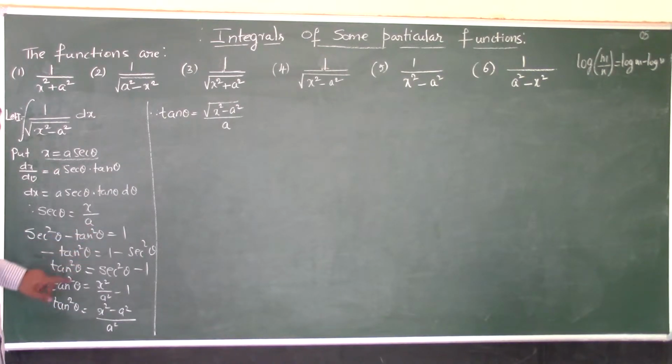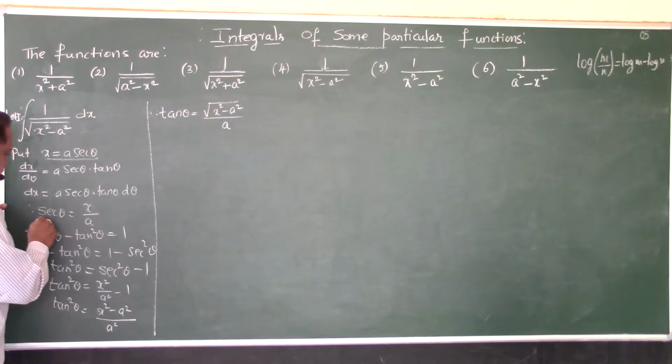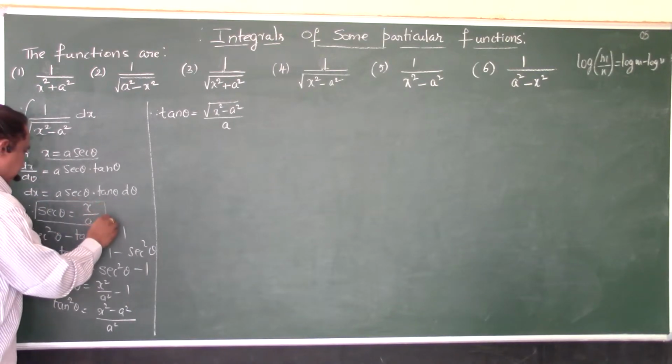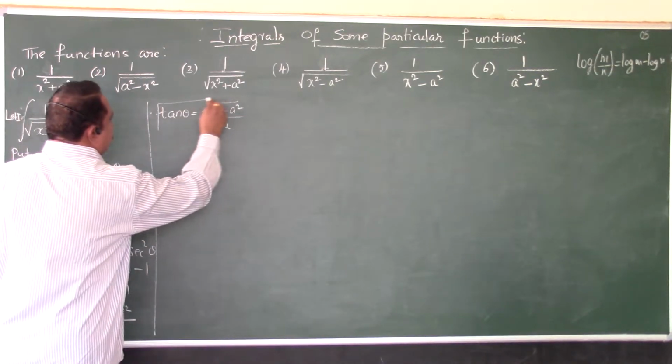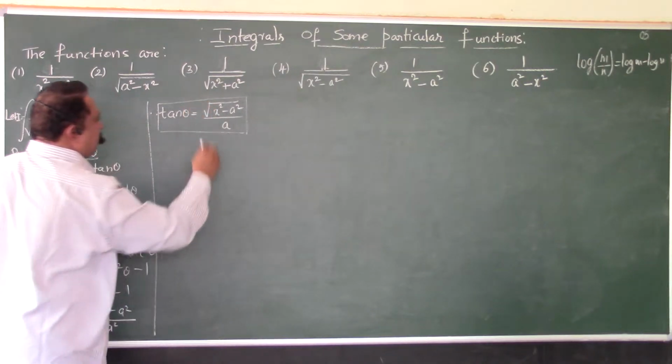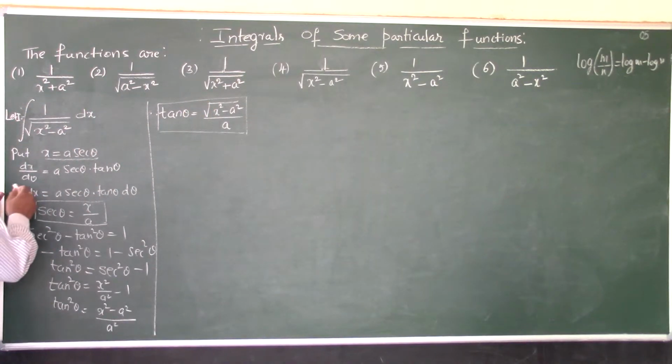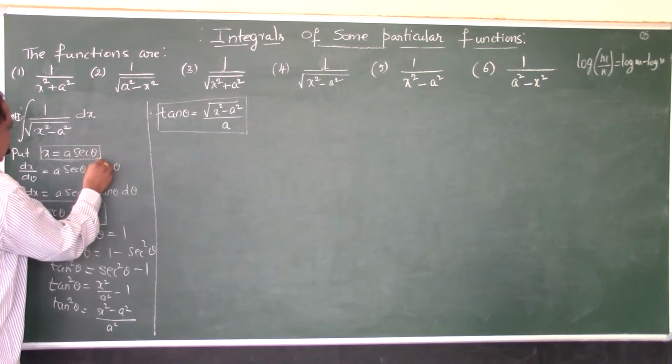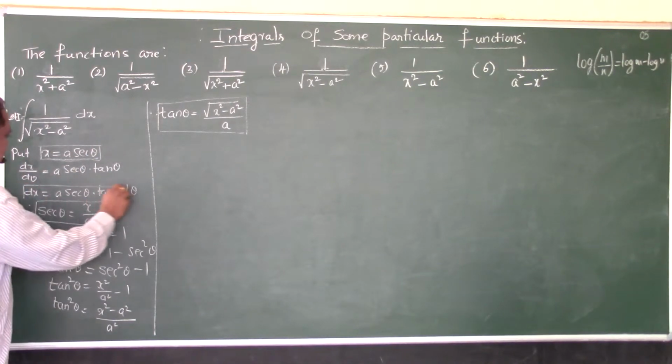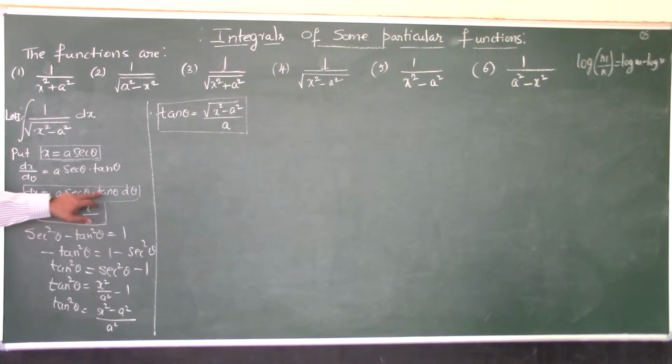Now we have the value of secant theta, which is x by a, and tan theta, which is root of x square minus a square by a, and we have put x equals a secant theta, and dx is equal to a secant theta tan theta d theta.